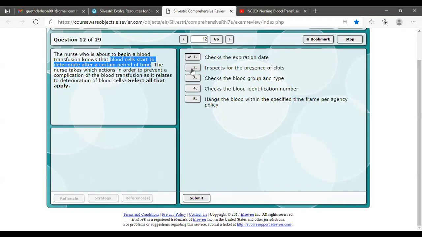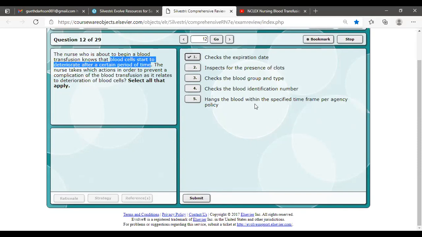But I say number 2, number 3, and number 4 are important but not related to the deterioration of red blood cells. Number 5, hang the blood within a specific time frame per agency policy. Yes.